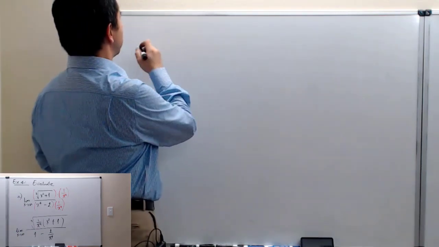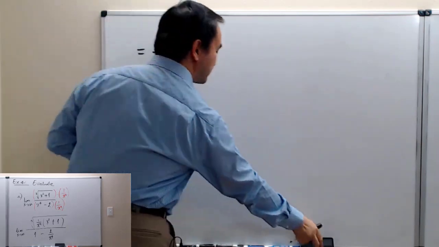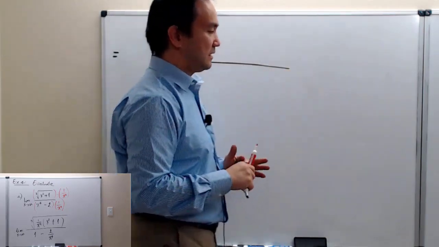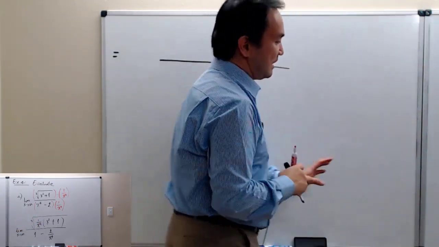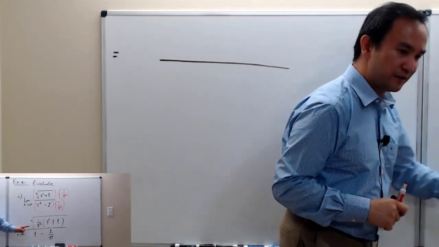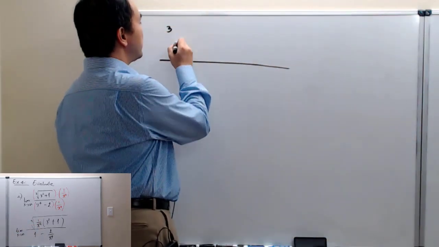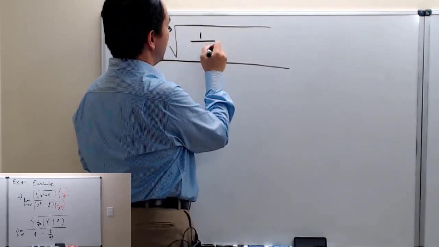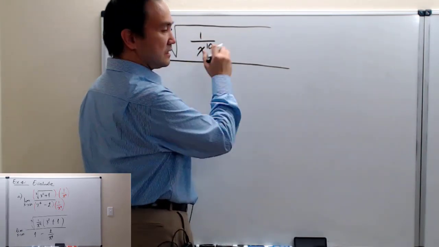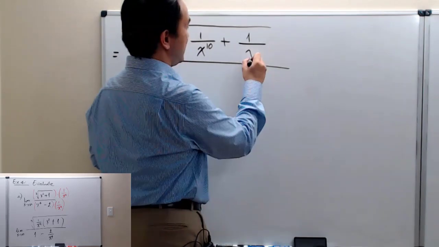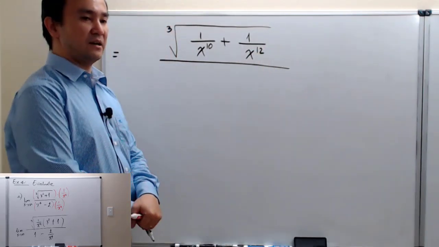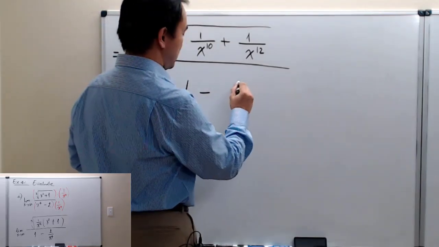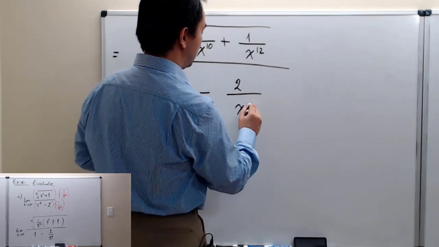But so here, I would say that the expression inside the root now becomes, after distributing this 1 over x to the 12 here, a cube root of 1 over x to the 10th plus 1 over x to the 12th. And that's how I distributed each of those terms. And then in my denominator, 1 minus 2 over x to the 4th.